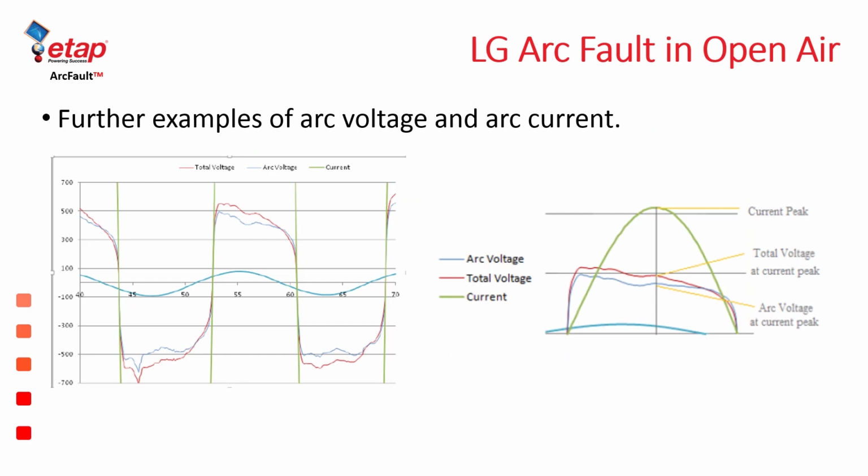Here are further examples of research and work where the arc voltage as a function of time, the arc current, duration, and the power recordings can help engineers come up with empirical models which represent the behavior of the arcs.